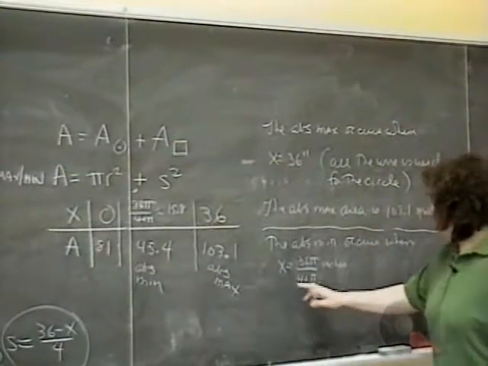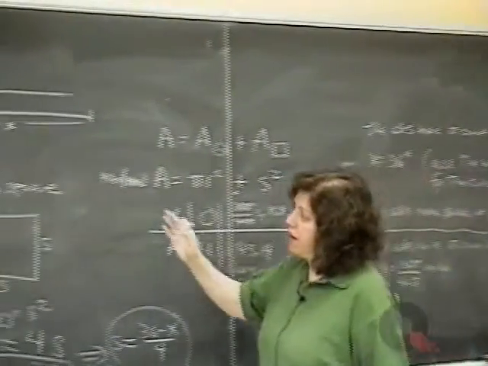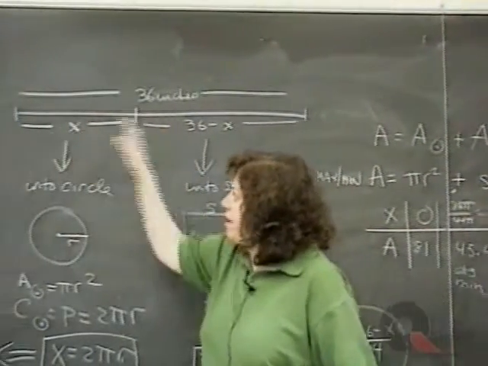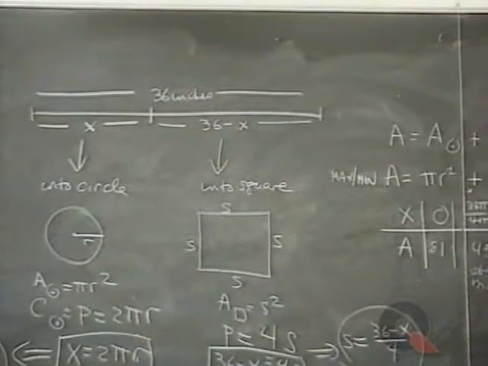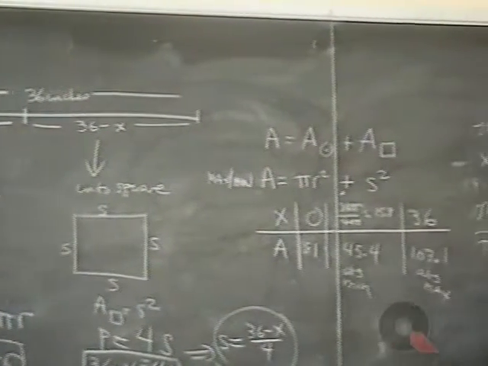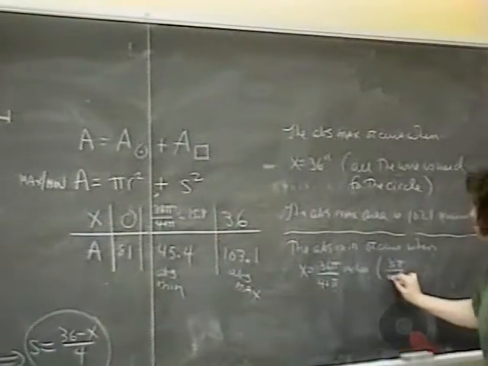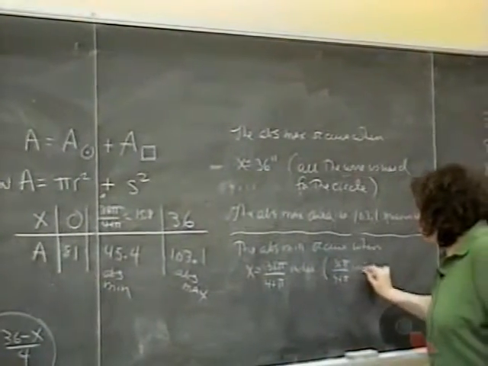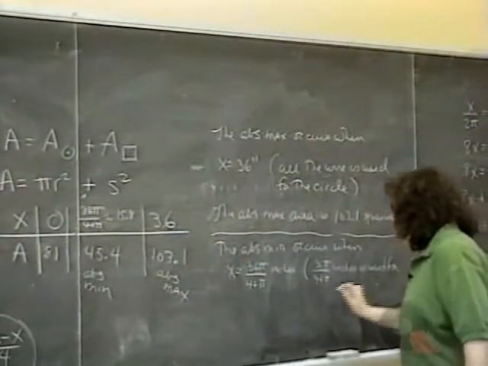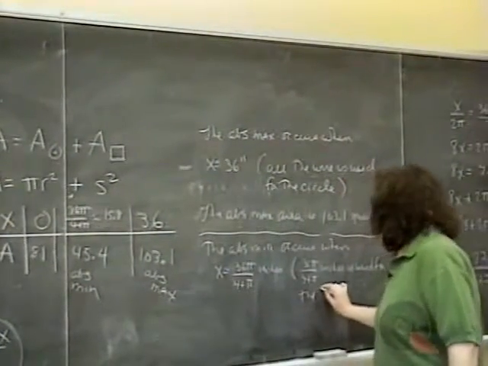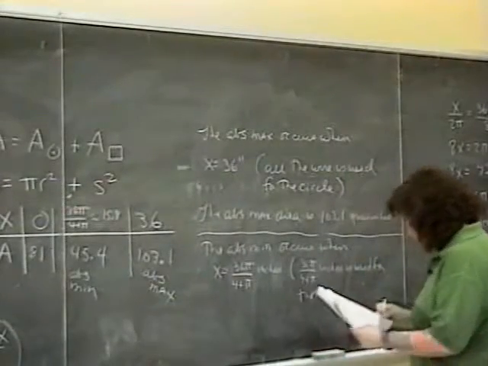In other words, we take our wire, we cut here, and in this case, 36 pi over 4 plus pi inches is used for the circle.